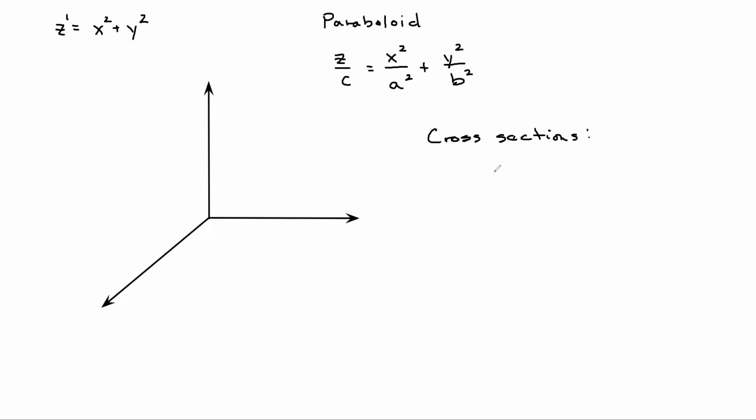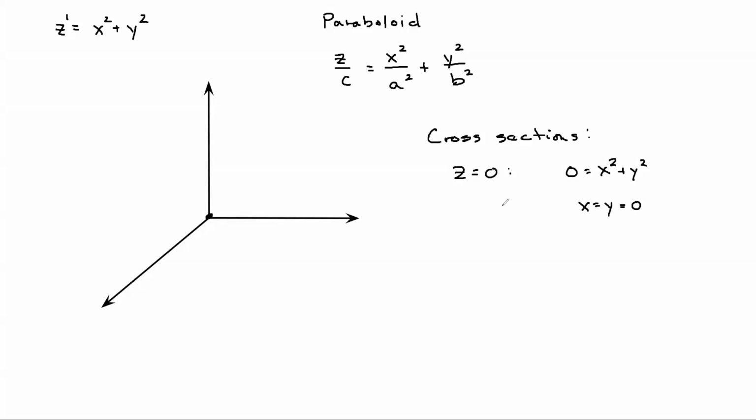To generate a cross section, we could set z equal to 0. That's going to be the cross section that aligns with the xy plane. If you do that, you're going to get 0 equals x squared plus y squared. So the solution is going to be x equals y equals 0. It's just the point here at the origin.